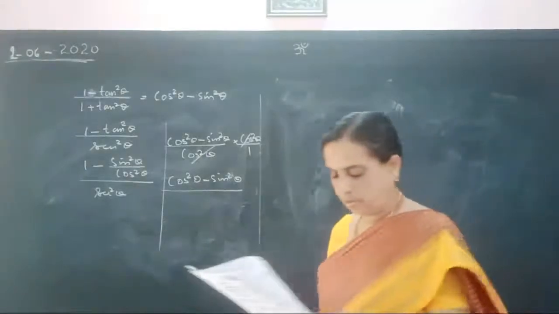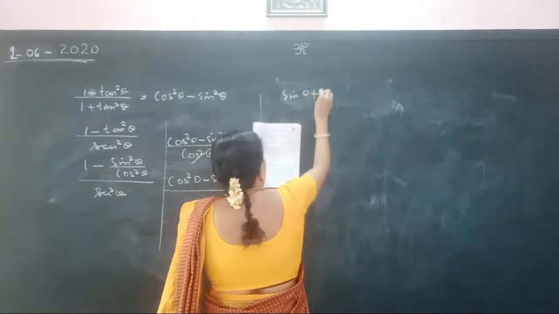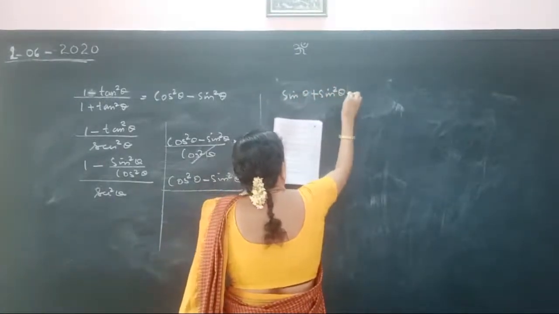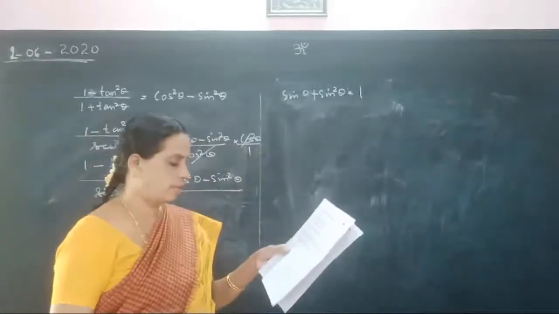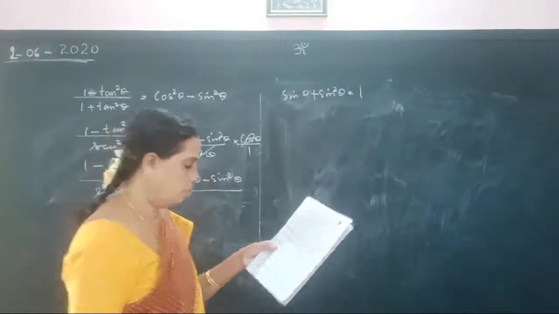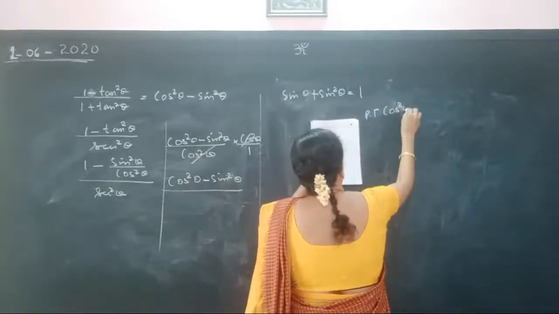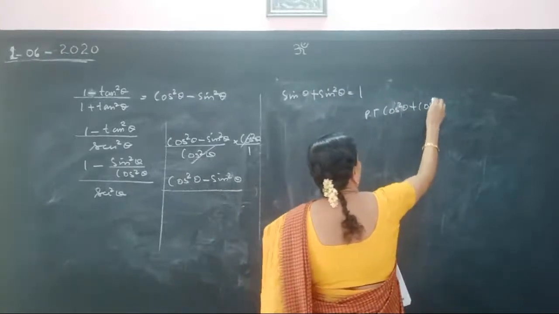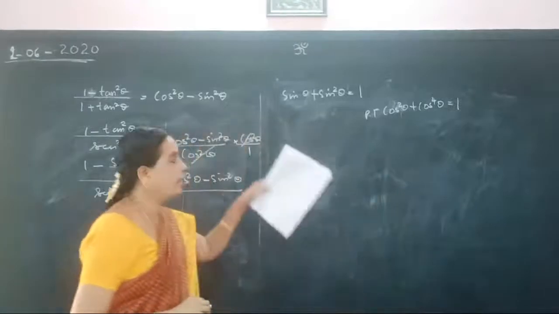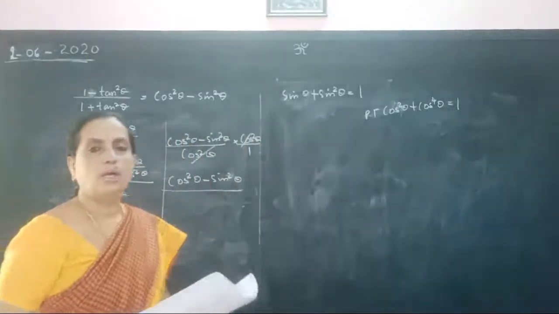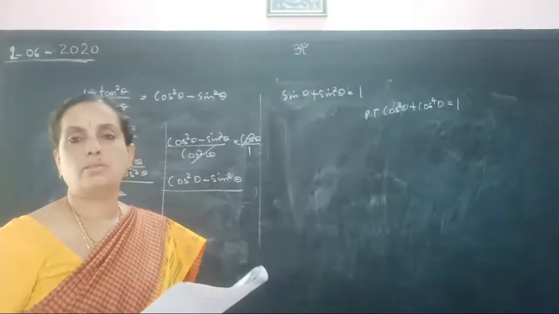If sin theta plus sin square theta equals 1, prove that cos square theta plus cos to the power of 4 theta equals 1. From the given condition, you have to prove cos square theta plus cos to the power of 4 theta equals 1.